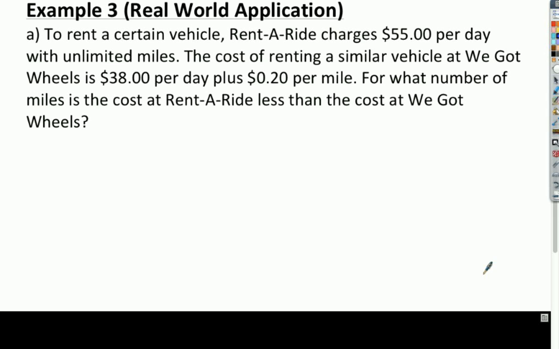Okay, new rapid fire question. I'm going to rent a vehicle only for one day, but I'm going to drive exactly 2 miles. 2 miles, exactly. Which company should I rent from, in your opinion? Raquel? Marlon, which one? So you agree with her. Okay, everyone else, give me a thumbs up if you think We Got Wheels is a better choice if I am only going to drive for 2 miles.